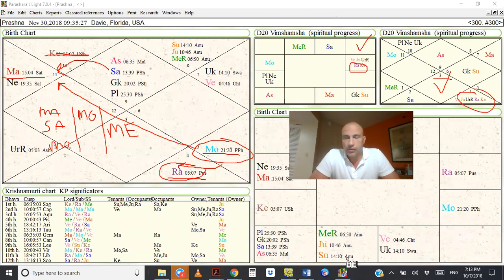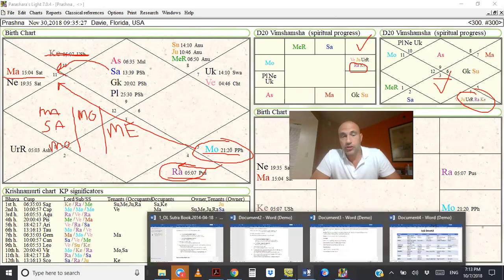What I found is that usually combining two, like the D9 and the D1, works very well to help you figure it out. And in this case, we got a double Moon. Or combine the D20 and the D1. But let's use all three of them here and see if we can come to a conclusion, or at least a suggestion, of what the Ishta Devata is.